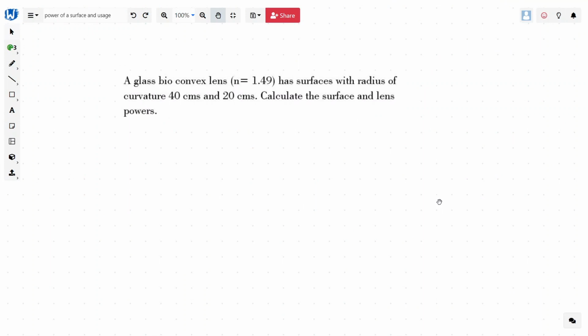Now we have a biconvex lens made of glass, with a refractive index of 1.49, and surfaces with a radius of curvature of 40 and 20 centimeters. Calculate the surface and lens power, okay?